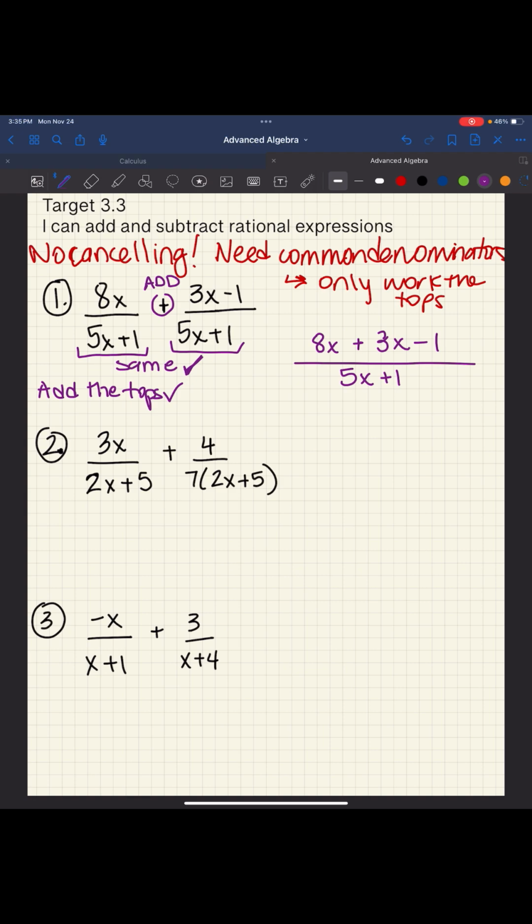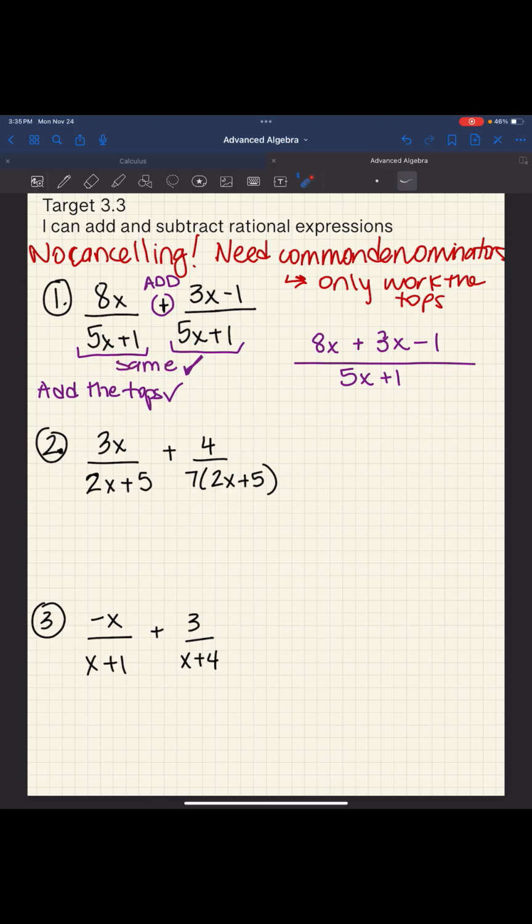The minute you know the amount of slices in a pizza, then we can start to compare the true number that we ate. I could be like, oh, I ate 8x and you ate 3x minus 1. We know that's the same percentage of pizza because each slice is worth the same amount. So again, why do we need the bottoms to be the same? It's just so that we can have the same conversation.